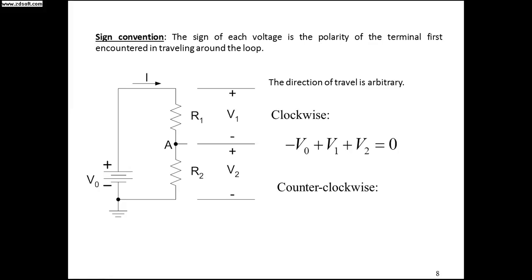We write minus V0 plus V1 plus V2 equals 0. In the counterclockwise direction, the expression is minus V2 minus V1 plus V0 equals 0. Anyhow, V0 is equal to V1 plus V2, that is the final voltage equation.